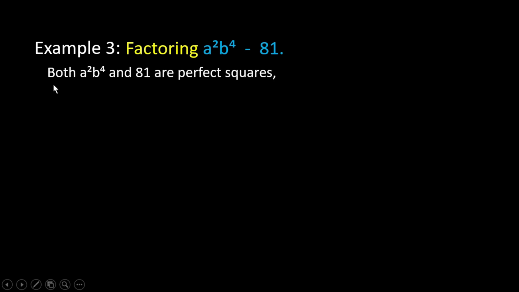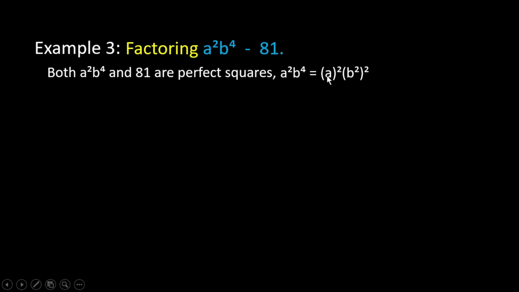Then, both a squared b to the 4 and 81 are perfect squares. Bakit kamo? A squared b to the 4. So, bakit natin nasabing perfect squares? Dahil yung a, so ito muna a squared, tapos paghiwalayin natin yung a squared at saka b to the 4.